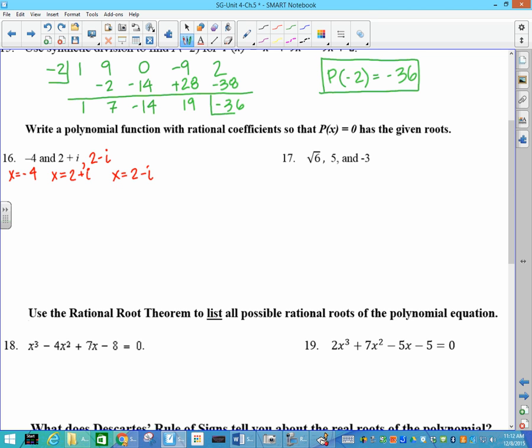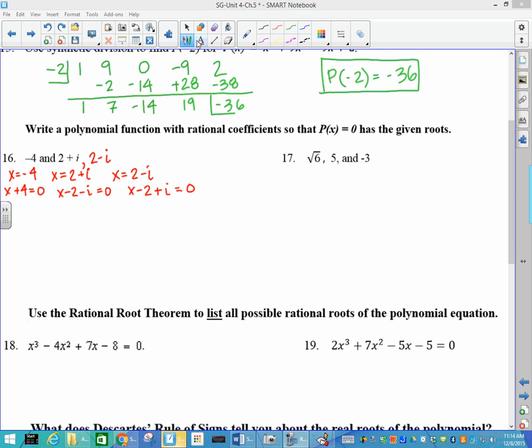So what do you do? We take each of those and set them equal to 0. So I'm going to add 4, and then I'm going to bring that over, so that means I would subtract the 2 and the i. Again, I would subtract the 2, but this time I add the i.